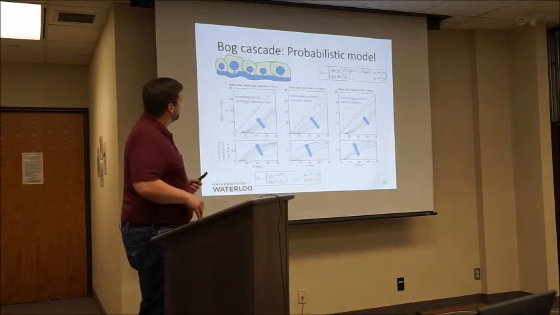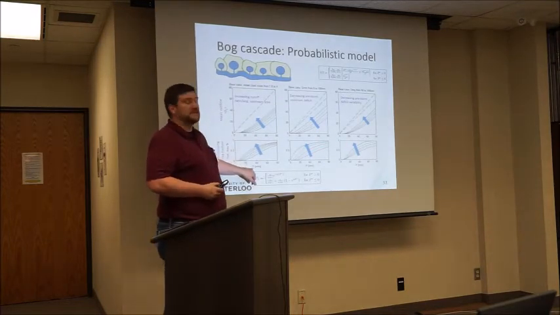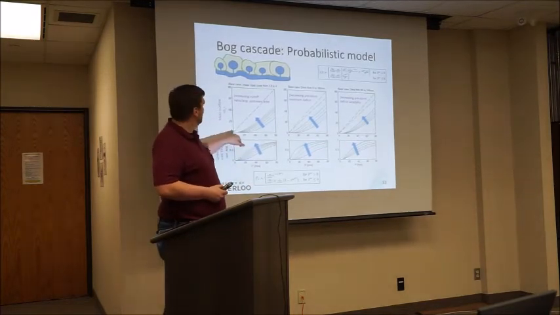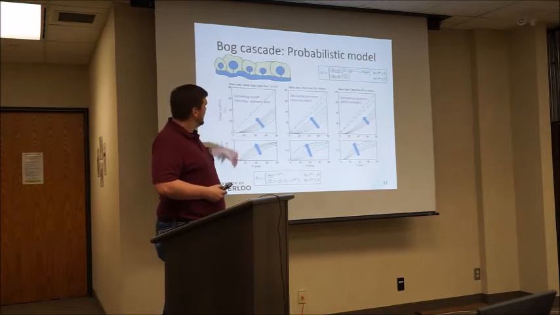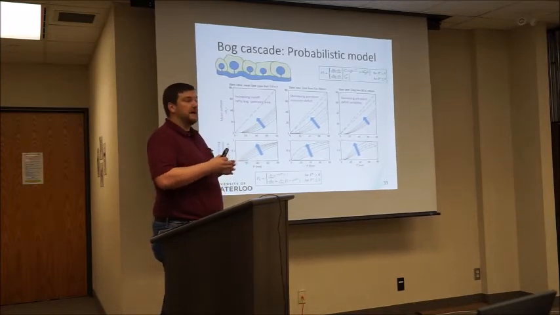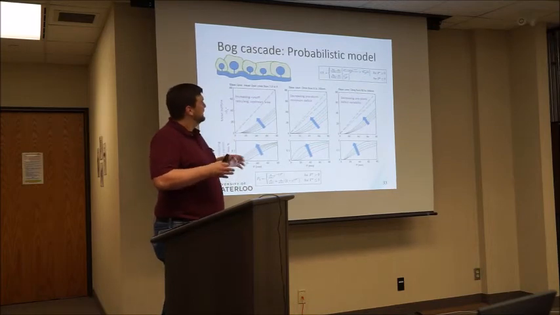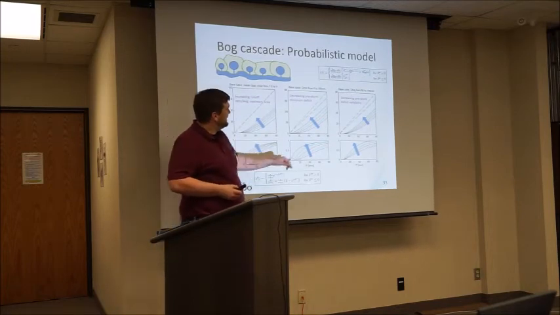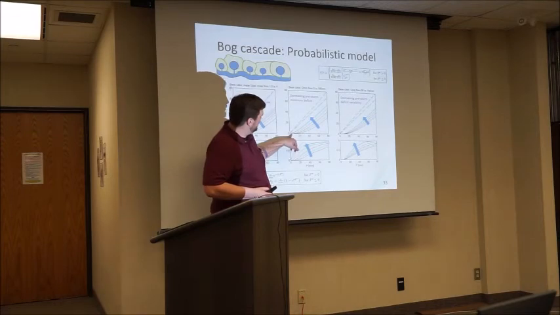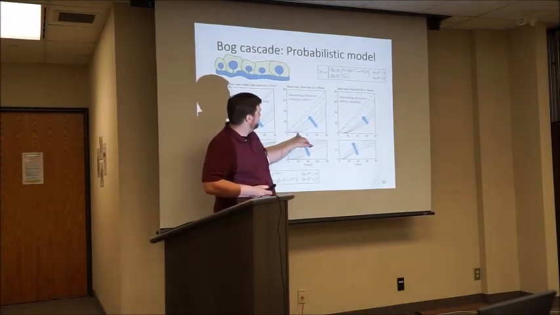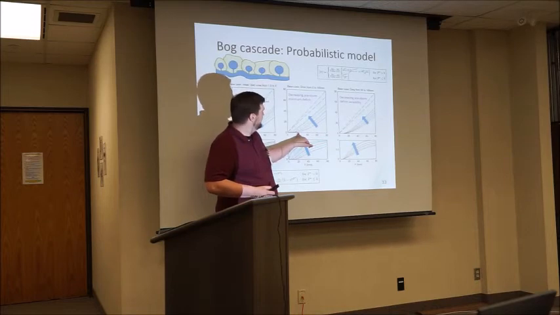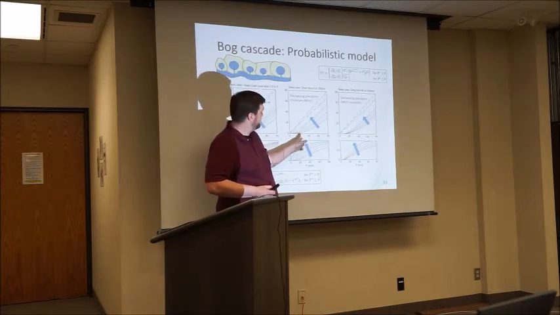Given a certain precipitation event, we can calculate the mean output from that event based upon the size of the contributing areas of each one of those bogs and the size of the deficit. It's going to take some time. We need a minimum precipitation event to fill up enough of the bogs to have outflow generated.